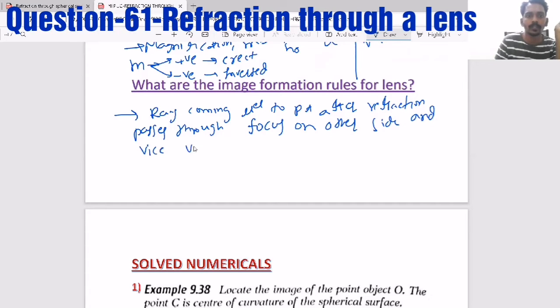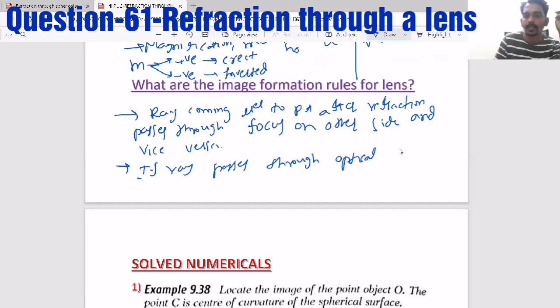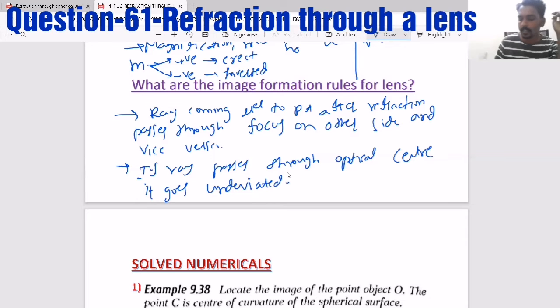Vice versa means, if the ray is coming passing through the focus on one side, then after refraction it becomes parallel to the principal axis on the other side. And if a ray passes through the optical center, it goes undeviated.